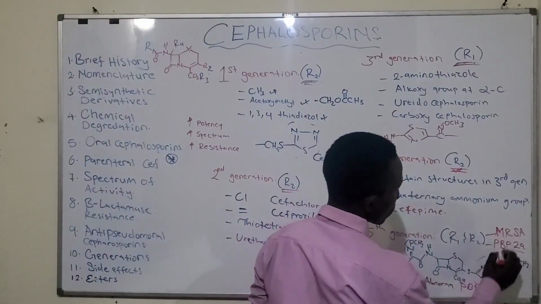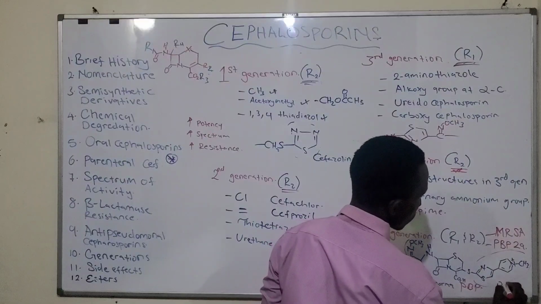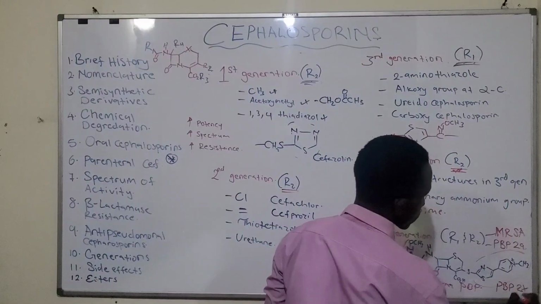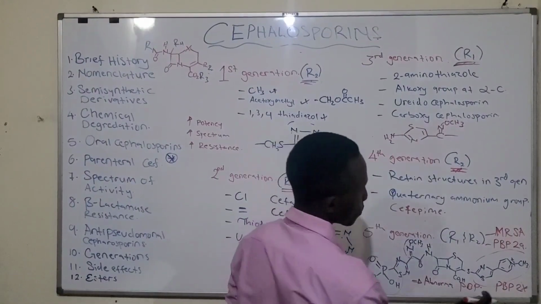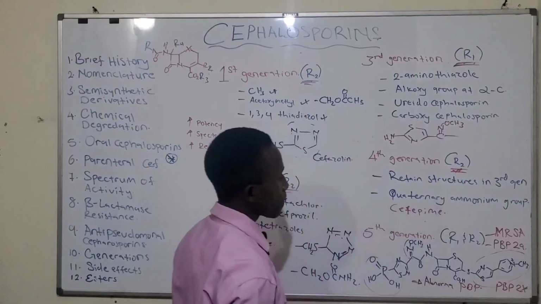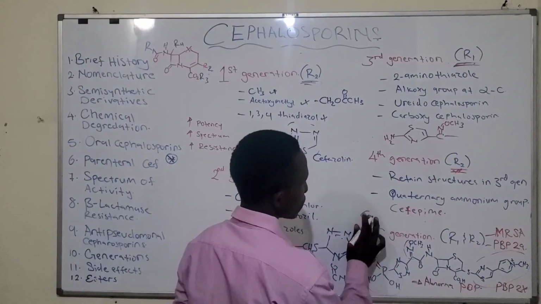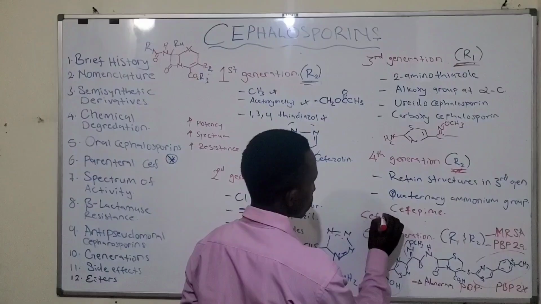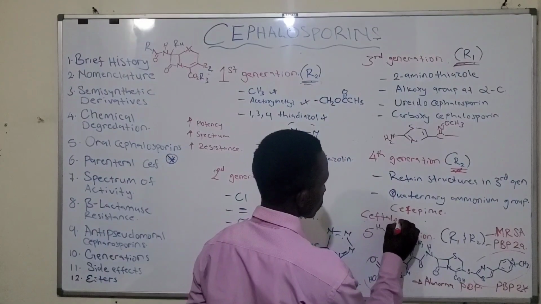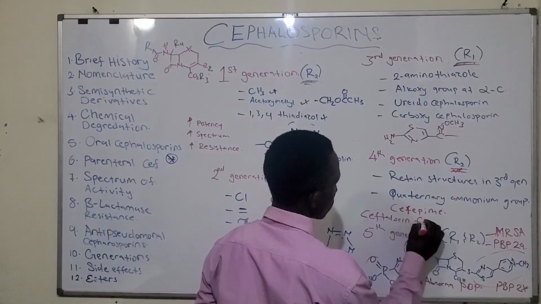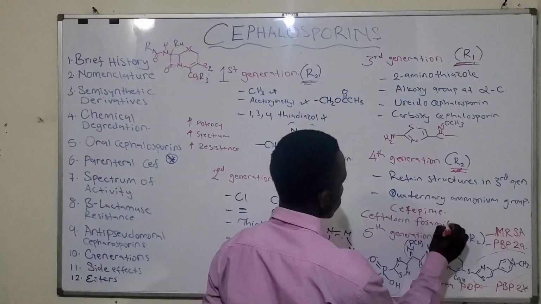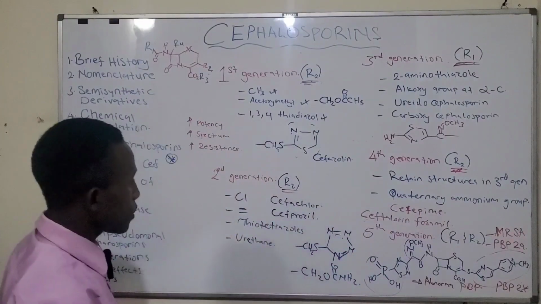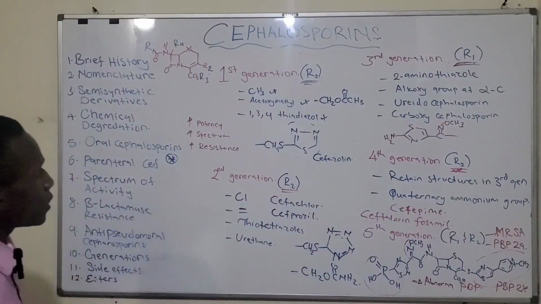It can also bind to penicillin binding protein 2X. It can also target the Streptococcus pneumoniae. So it is called ceftaroline fosamil.